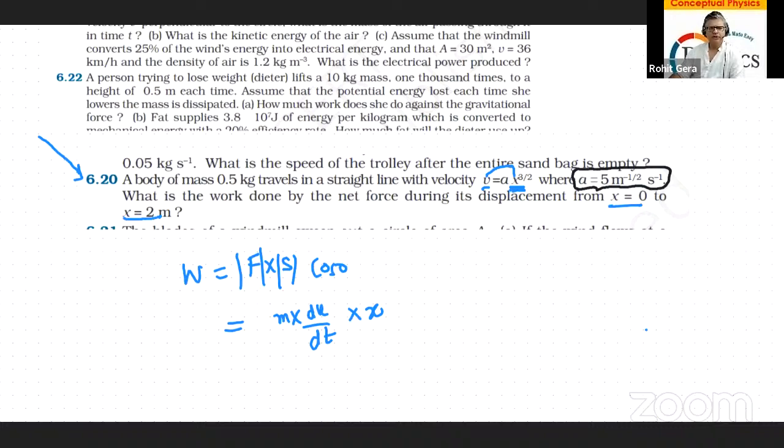So if I see v is equal to a x raised to 3/2, this is the velocity. So dv by dt is equal to a 3/2 x raised to power 1/2. Remember to write dx by dt here.